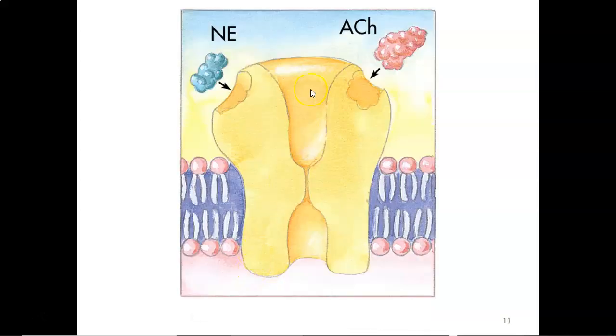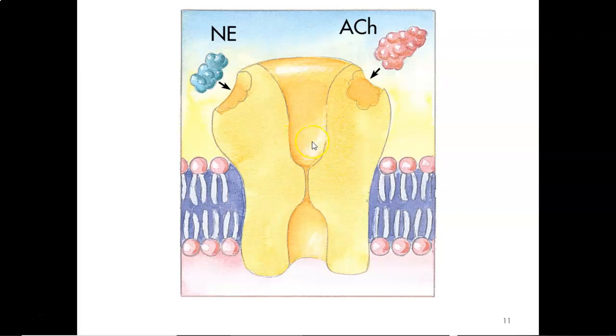Now, receptor sites work as a lock and key system. This receptor site is programmed to receive norepinephrine and acetylcholine. It will not accept dopamine because this receptor site does not have a lock for dopamine to unlock.